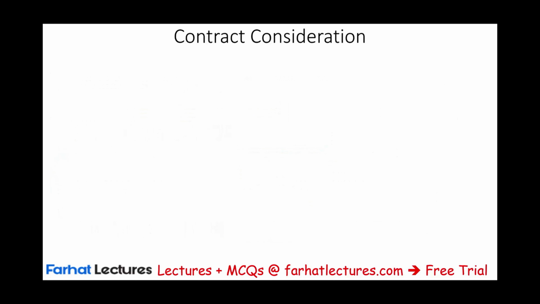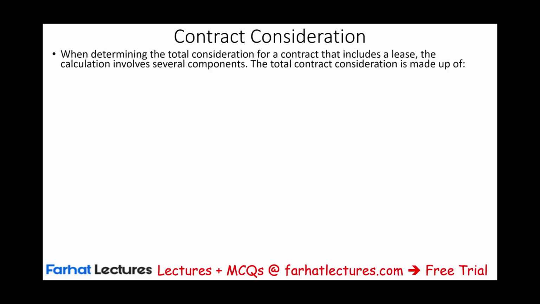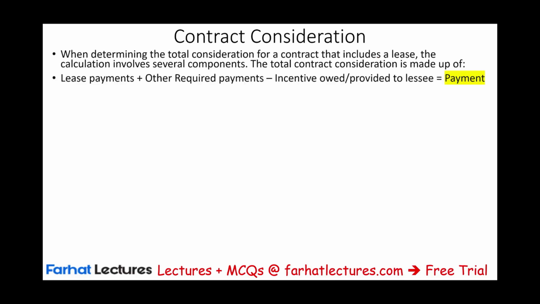Now, when we're looking at a payment for a lease, what's included in the payment? What's the contract consideration? When determining the total consideration for a contract, what do we include? Well, it's made up of the lease payment itself, other required payments, if there are any. Then you deduct any incentive provided to the lessee. So what is the lease payment?